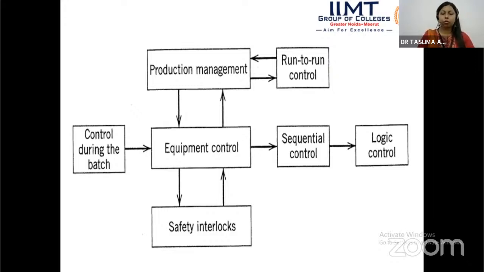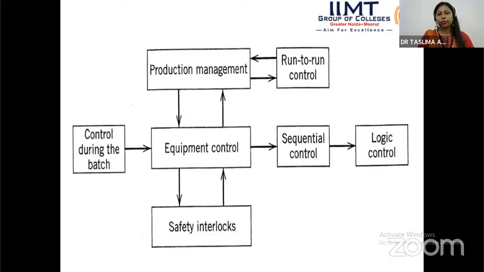We also see whether the product is required or not required for human beings, and according to that we are using the sequential process. If that product is not required in that situation, we have to change our logic. Therefore, logic control is very important, and that is controlled by our computer.